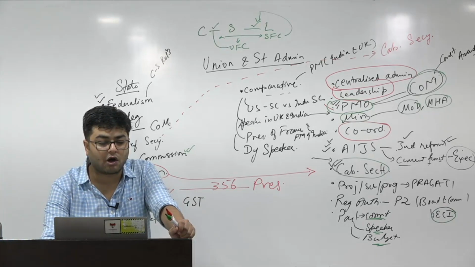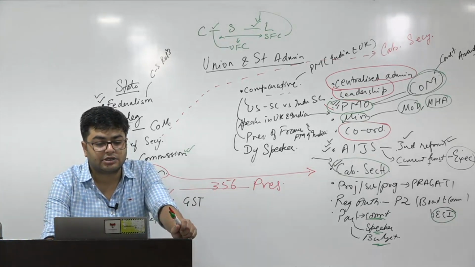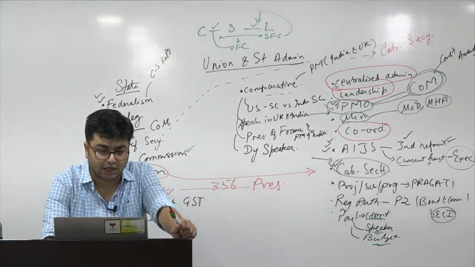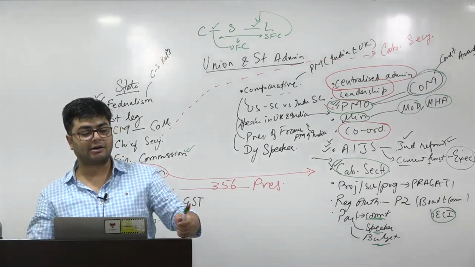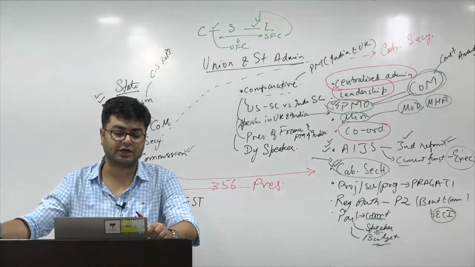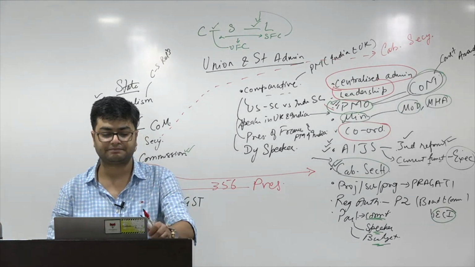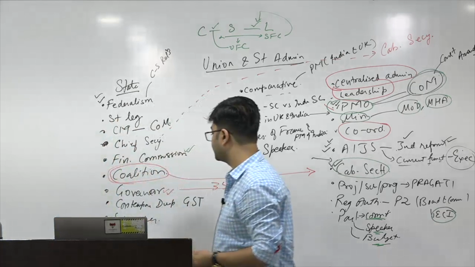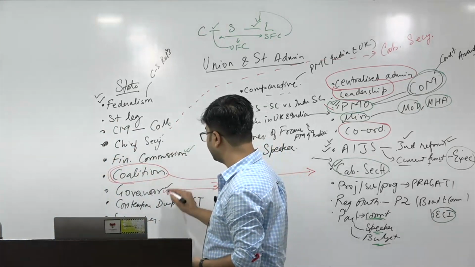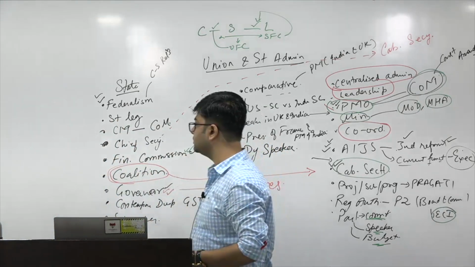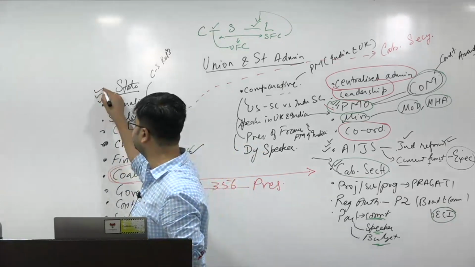Next, the role of the governor is of a sagacious counselor, mediator and arbitrator rather than that of an active politician. Again, the governor's office is a favorite. Okay, so governor, finance commission, these are the favorite areas, federalism.